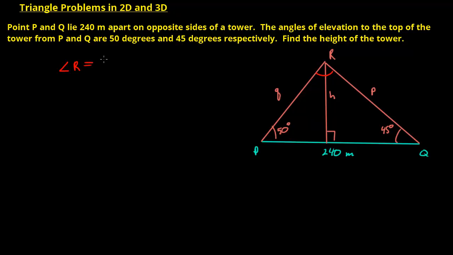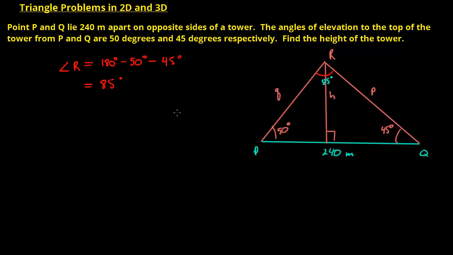Angle R is equal to 180 degrees minus 50 degrees minus 45 degrees. 180 minus 50 degrees is 130. 130 minus 40 is 90 degrees, minus 5 is 85 degrees. So we know that angle R is 85 degrees. Let me just label that angle.